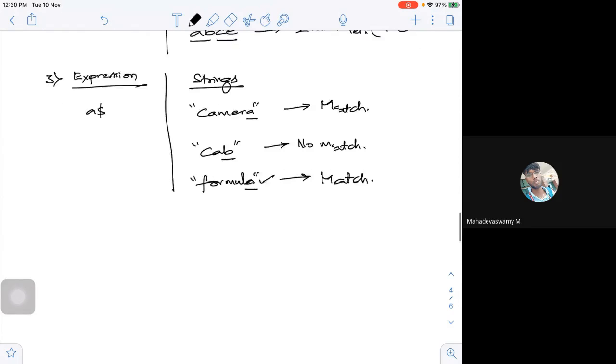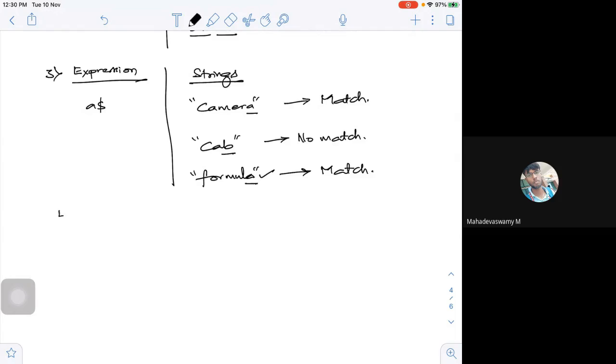Let me put the expression as M A star N. This is my expression. Now let us check for the string. Let me check for a string with MN.